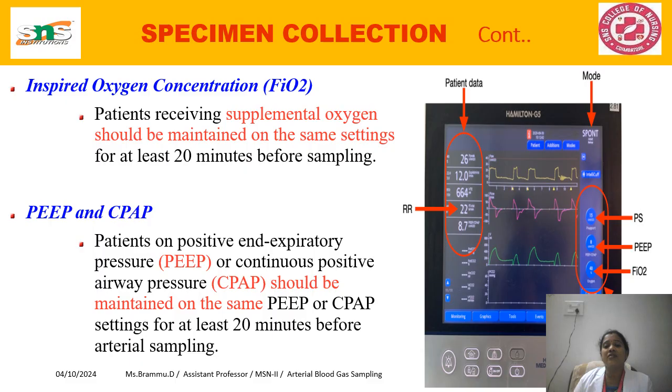So you cannot alter the saturation, not the saturation, the oxygen concentration. For example, if the patient is receiving FiO2 of around 80 percent, and then suddenly just 5 minutes before you reduce the FiO2 to 60, and then immediately you take a sample, but actually the patient was receiving 80 percent, there will be confusion whether the patient is now stabilizing with 80 percent or 60 percent oxygenation.